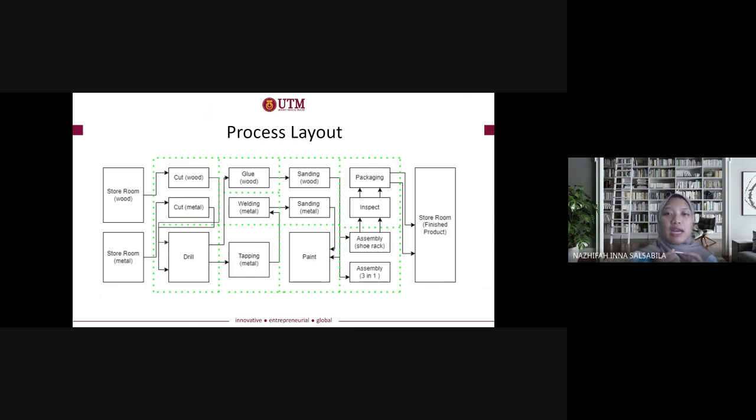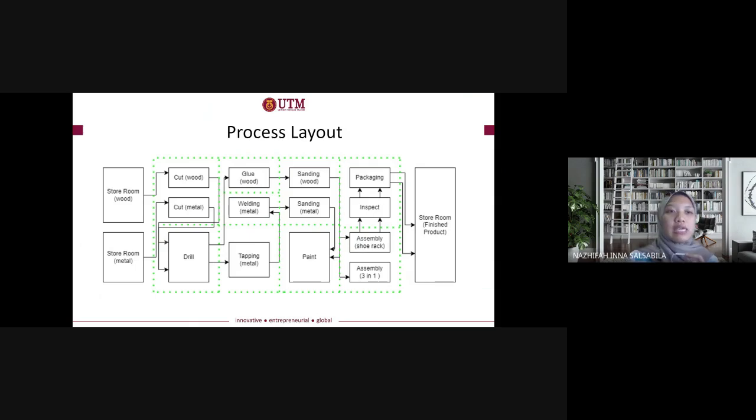And then for the placement here, we locate the storeroom for the raw material and also for the finished product at the very left and also at the very right. And so between them are the departments for the processes. And then here we can see that there are arrows that indicate the process sequence.